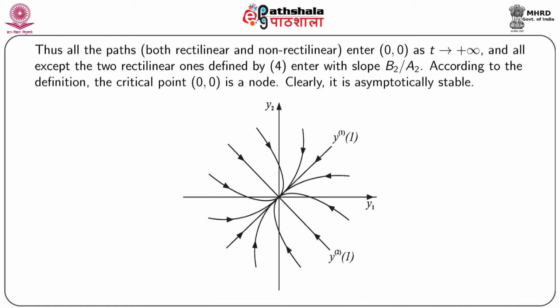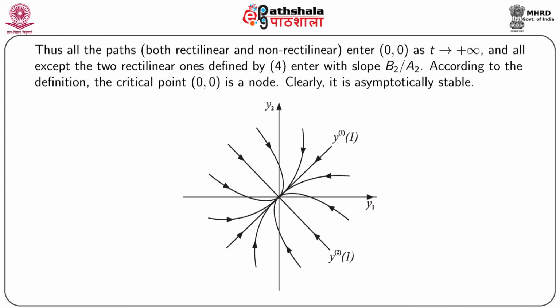Thus, we conclude that all the paths, both rectilinear and non-rectilinear, enter (0, 0) as t tends to plus infinity, and all except two rectilinear ones enter with slope b2 by a2, and according to the definition the critical point is a node and clearly it is asymptotically stable.